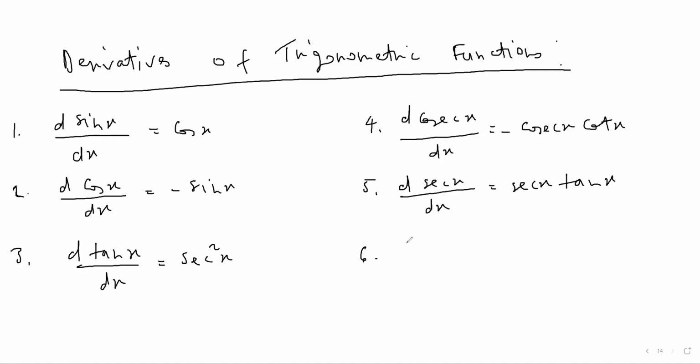And number six, the derivative of cot x with respect to x is equal to minus cosec squared x. So these are the derivatives of trigonometric functions.